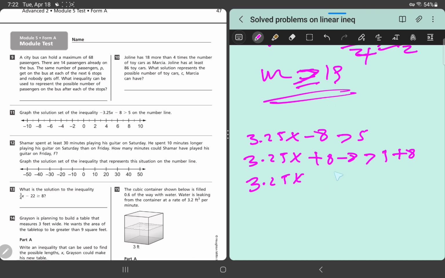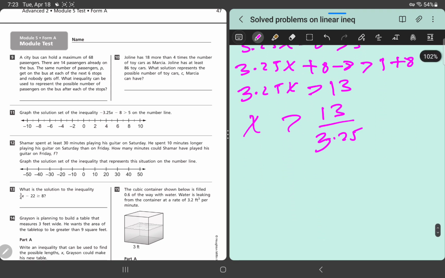Greater than 13. Yeah, that's 13. So x is greater than 13 over 3.25. You can do this as x is greater than 13 over 3.25, multiplying by 100 over 100.